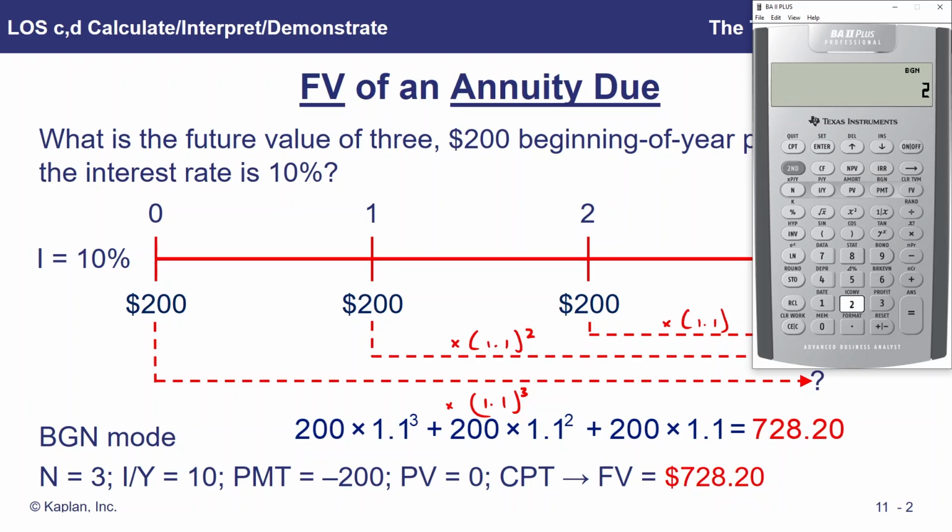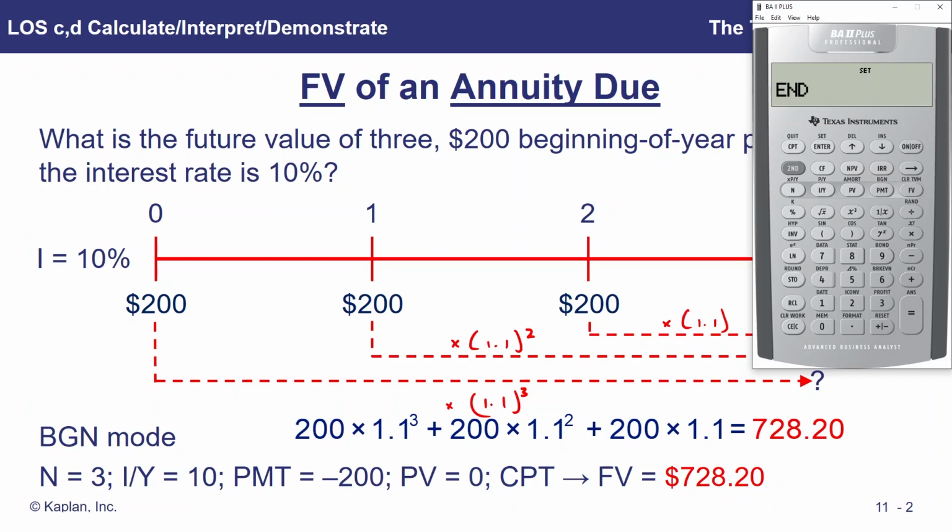I can tell it the payments themselves, negative because they're payments, so minus 200 and payment. Then compute future value, and there you go, 728.20. Now there is an alternative way of doing this, and that's to leave your calculator in end mode. I'm going to change my calculator back to end mode.